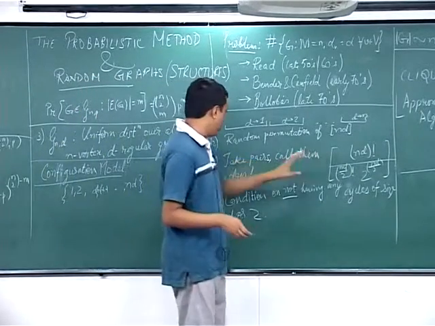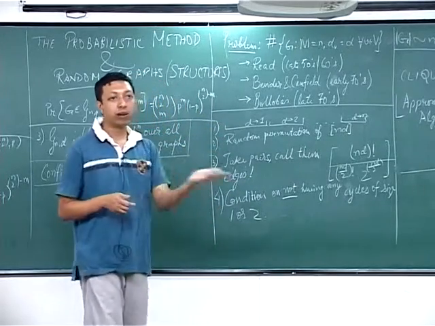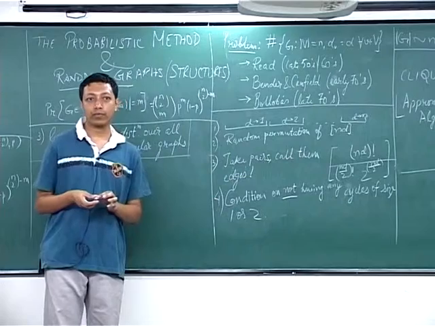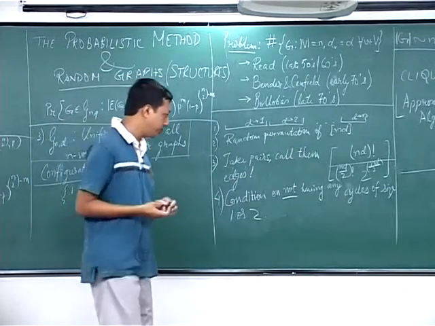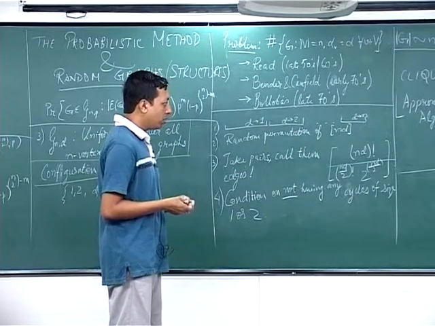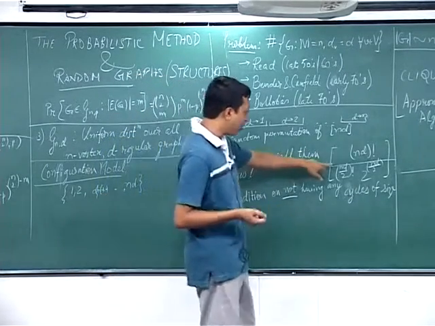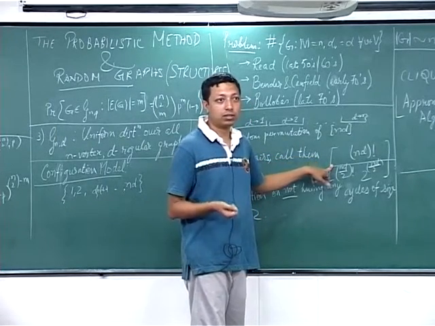So once you do this, what is the probability with which any graph appears? That is related to this problem, and I will leave you to figure it out.